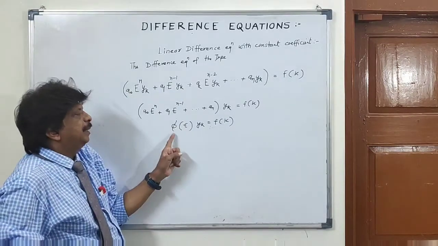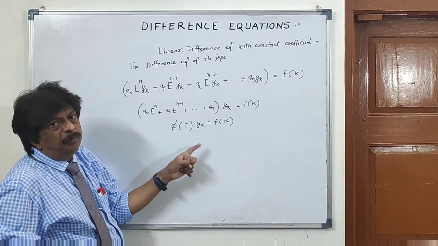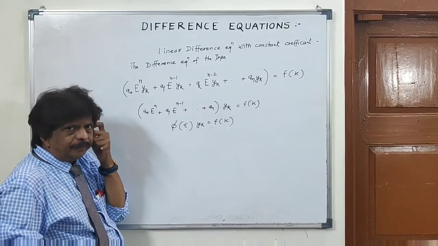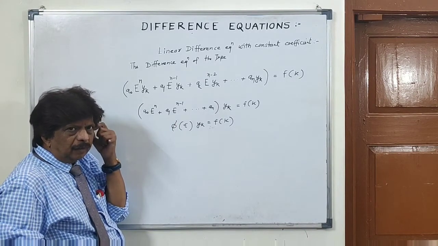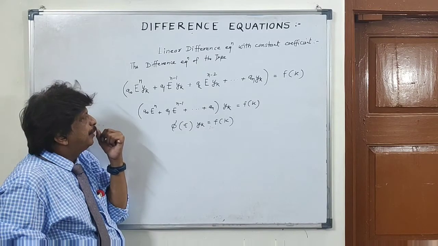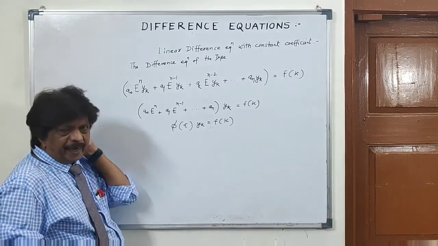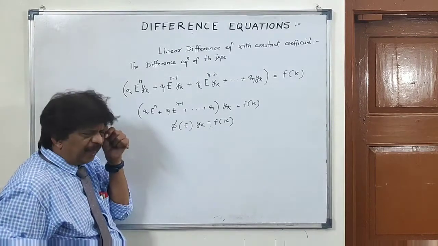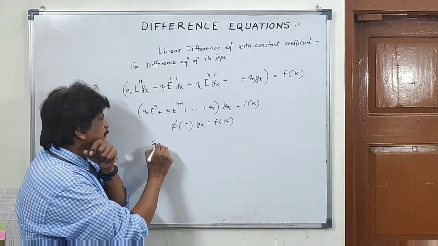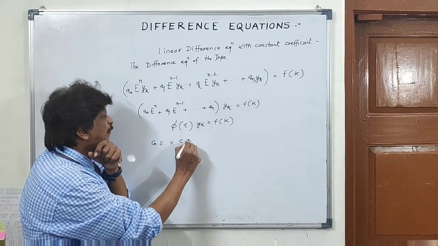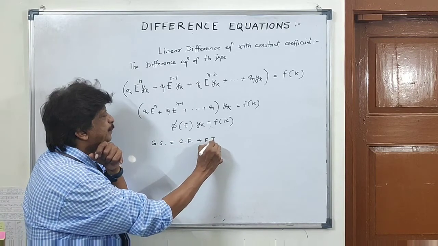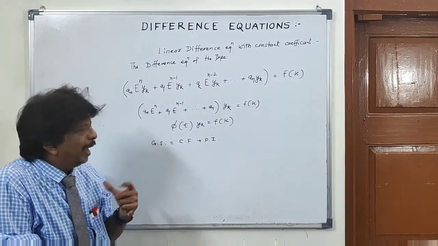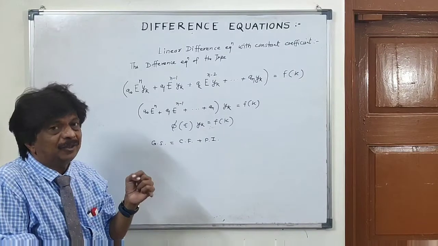So this is called the symbolic form of the difference equation. It is written in terms of shift operator in the very first step. So, the general solution is equal to CF plus PR, as we did in linear differential equations with constant coefficient.